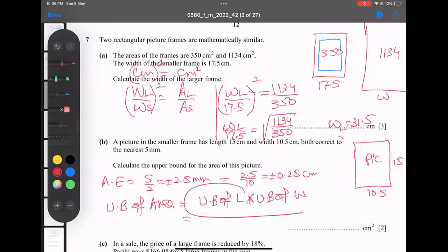For the upper bound of length, you add the error, so it becomes 10.5 plus 0.25.